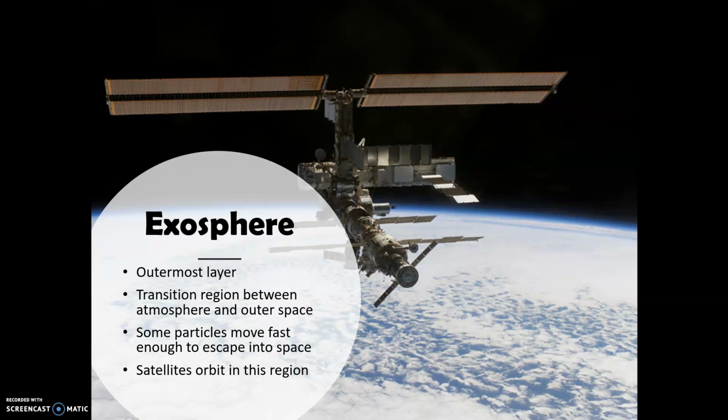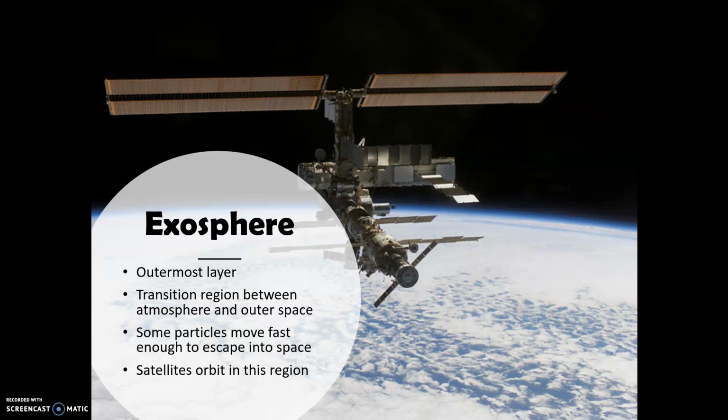Outside of that, the outermost layer of our atmosphere is the exosphere. The exosphere is not always included in the layers of the atmosphere because it's sort of that transitional space between our atmosphere and outer space. And so do you call it space or do you call it our atmosphere? For the sake of our conversation, we'll include it.